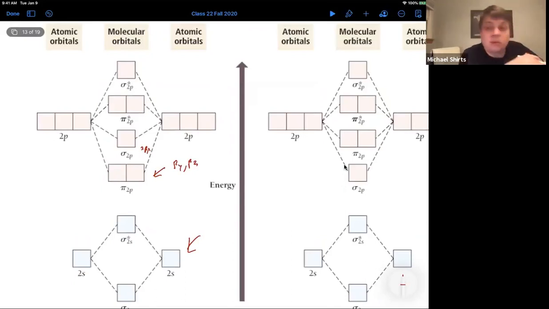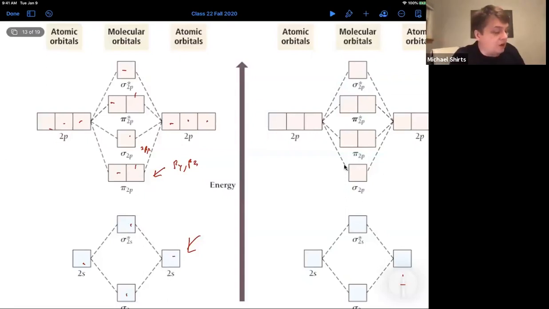Now these are both lower in energy than the p orbitals, and then you've got the pi star 2p and sigma star 2p. Those are both higher in energy than the corresponding orbitals. So if you notice, we have 1, 2, 3, 4, 5, 6, 7, 8 atomic orbitals, and 1, 2, 3, 4, 5, 6, 7, 8 molecular orbitals. You have the same number on both sides.